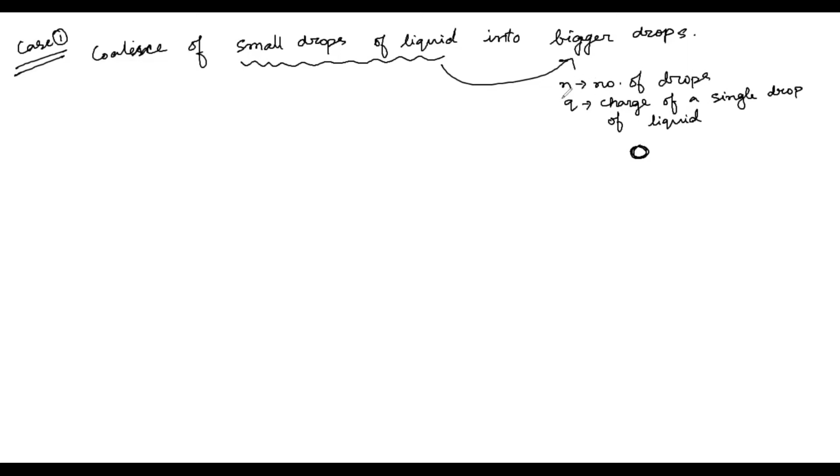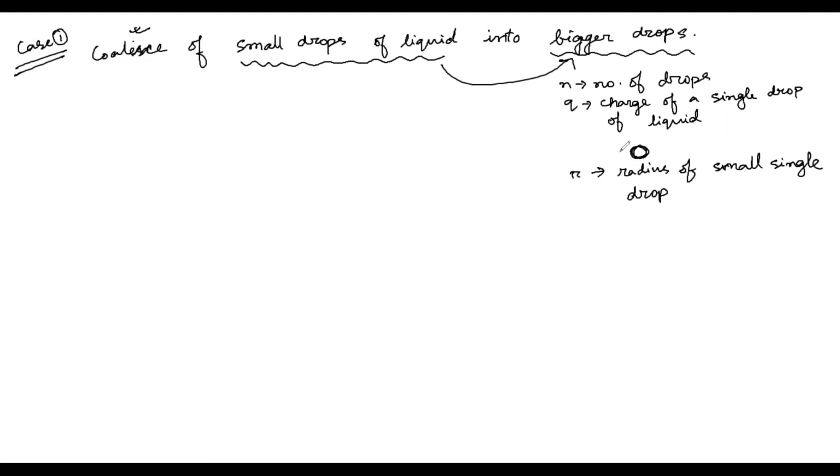Okay, so this n number of small drops, its goal is to form a bigger drop. And since we are talking about the single drop, so let's say that r is the radius of the single small drop. Okay, so this is the radius of a single small drop, and with the help of this radius, we'll be finding out the radius of the bigger drop.